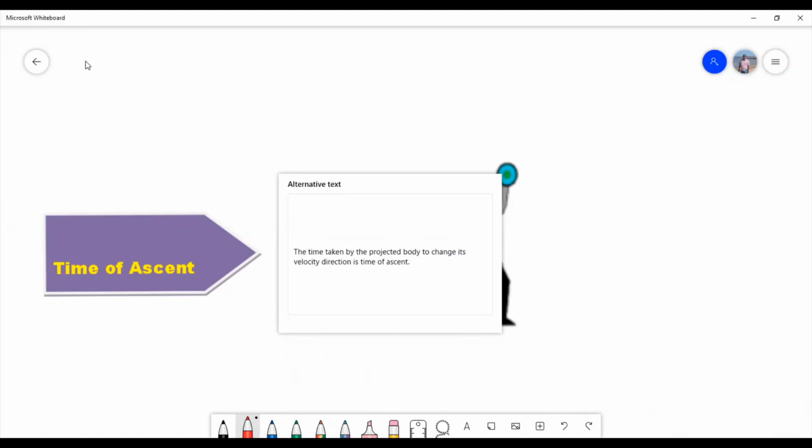What is happening at the highest point? The direction of motion changes. Initially going up, at the highest point velocity becomes zero. All of a sudden the body starts moving in the opposite direction. That's why we say it is the time taken by the projected body to change its velocity direction.